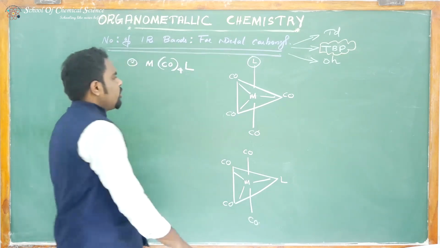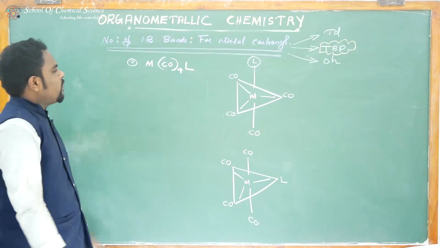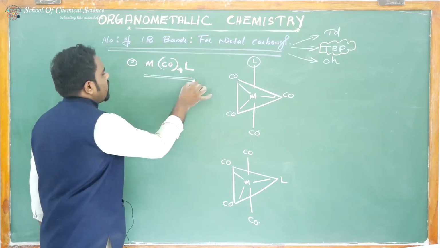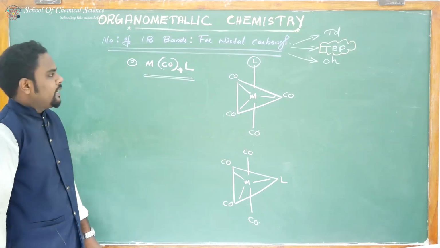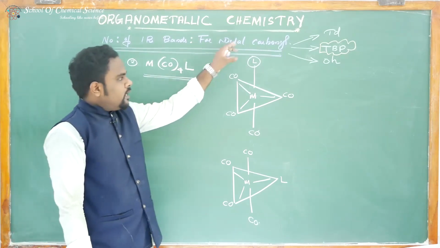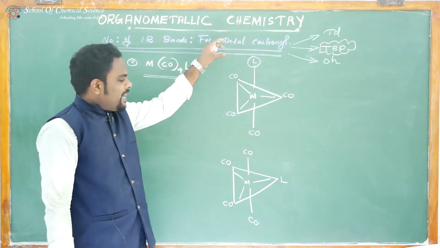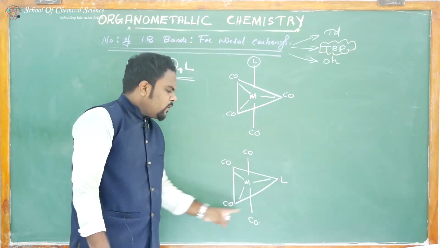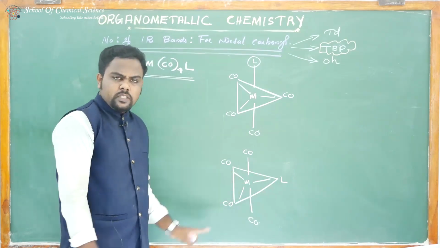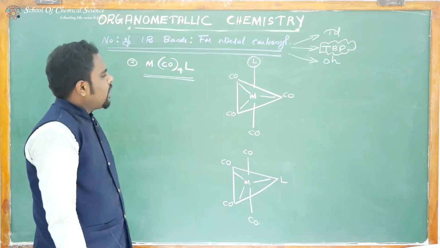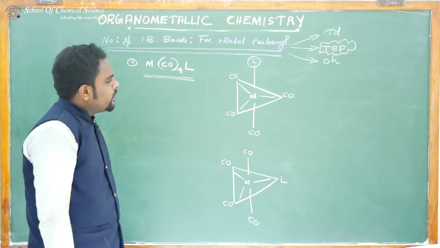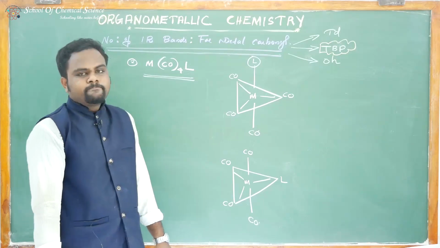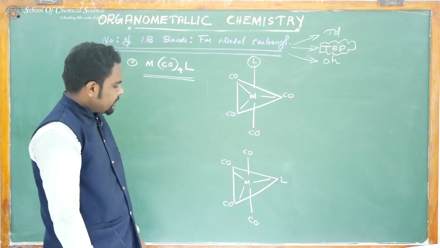So these are the 2 possible arrangements of MCO4L: 4 carbon monoxide and 1 another ligand. Here the other ligand L is at the axial position, here at the equatorial position. All 3 equatorial positions are identical and equivalent. Then how many signals are there for this one? Please give me an answer.